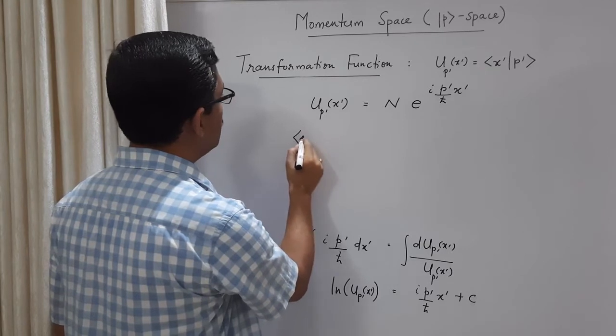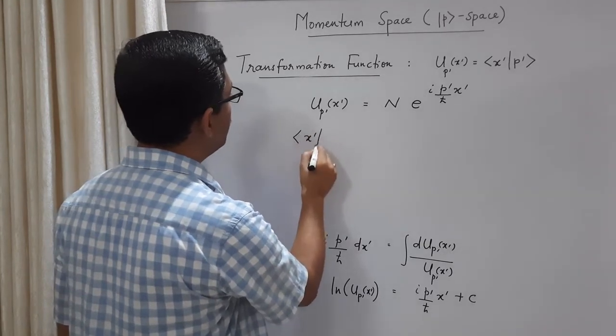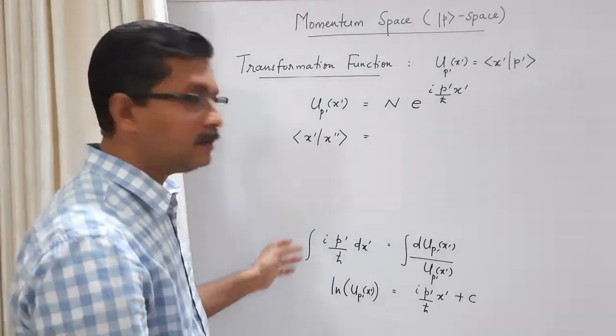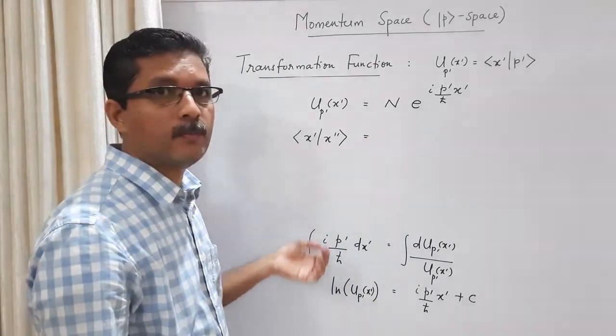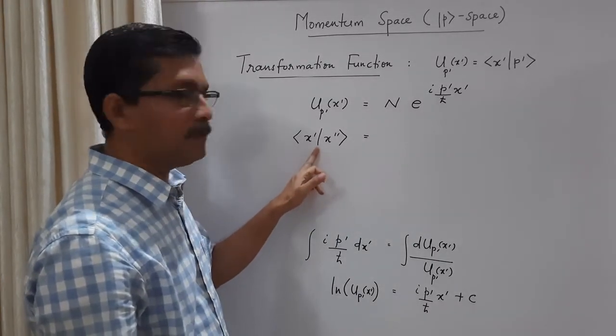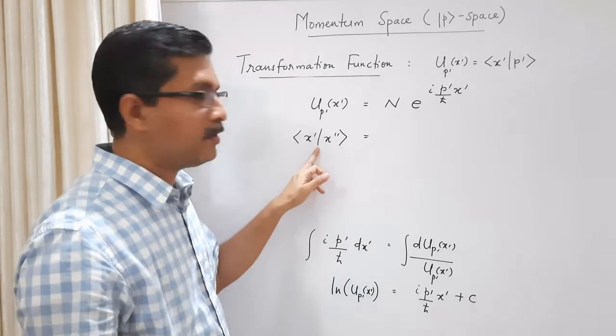So let us start like this: the bra x prime, ket x double prime. This is the inner product between two position eigenkets. Now let me introduce identity in between and use the completeness condition of momentum eigenkets.